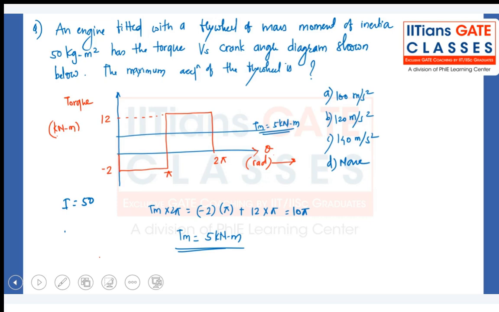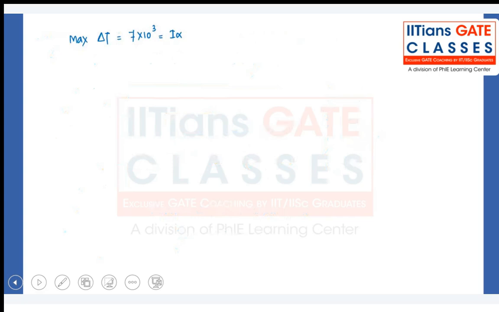You can, let's say, take a difference directly: 12 minus 5, which is the mean, is 7.